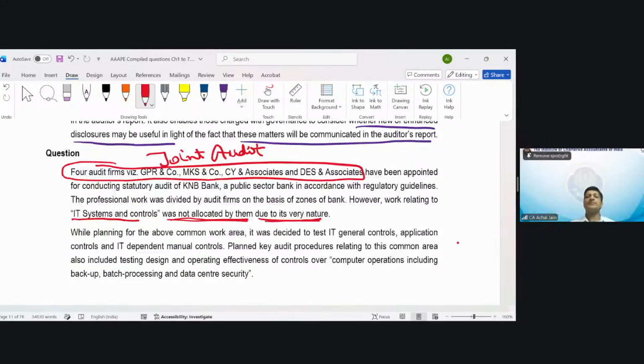While planning for the above common work area, it was decided to test IT general controls, application controls, and IT dependent manual controls. Planned key audit procedures relating to this common area also included testing the design and operating effectiveness of controls over computer operations, including backup, batch processing, and data center security.